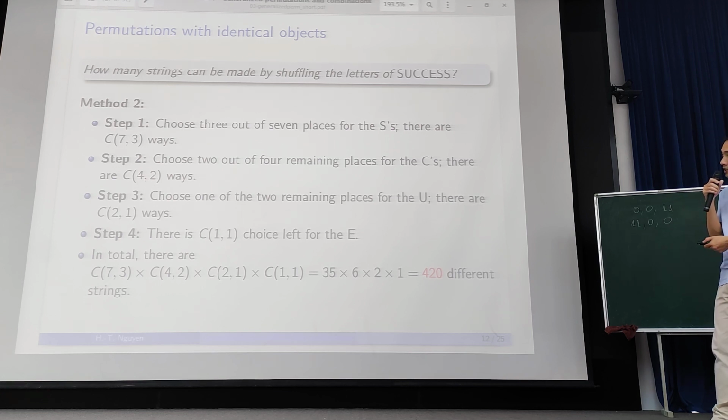After this, how many places are left? 4 minus 2, that is 2 remaining places. Out of the 2 remaining places, you have 1 U and 1 E. So you have 2 ways, either EU or UE. So in the end, since you do all these steps one after another, you apply the product rule. Okay? And you get 420 different outcomes.